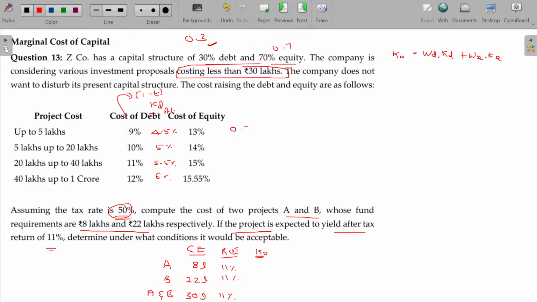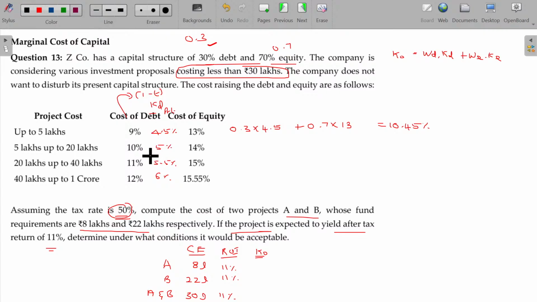So 0.3 into 4.5% plus 0.7 into 0.13 or 13%. Either represent in percentage or in decimal completely. Come on, get me the value here. 10.45%. Then I'll go for the next option.